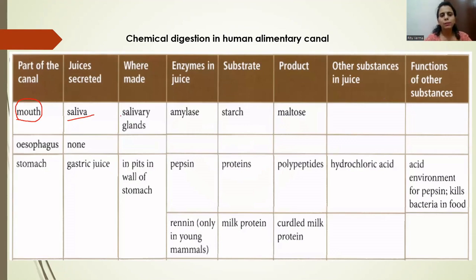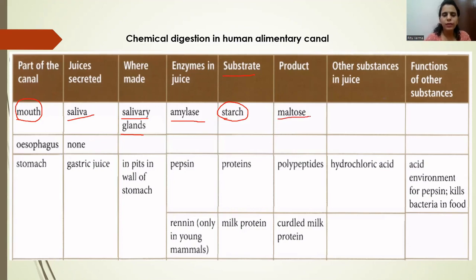This we have already discussed in previous videos, and these salivary glands secrete saliva. Inside saliva, an enzyme is present called amylase. Amylase helps in digestion of starch. So the substrate for the amylase enzyme is starch, and after the digestion of starch, the product formed is maltose.